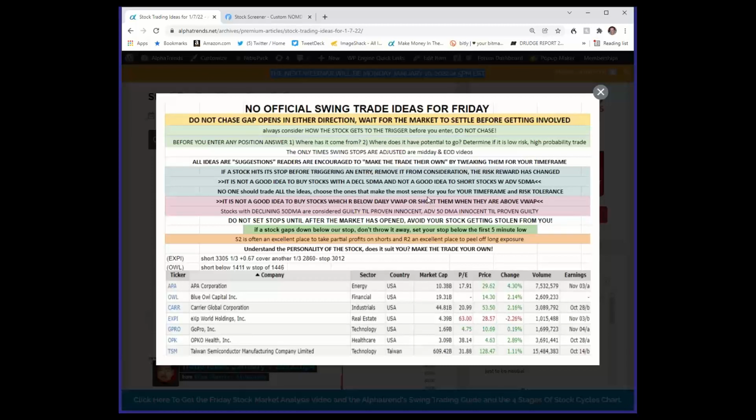No one should be trading all of these ideas. Adjust it to your time frame, your risk tolerance, your position sizing. Just because I don't have any official swing trade ideas, maybe you loved EXPI and you put your whole account into it. I can't control what you do with your money, I only make suggestions. I'm not a financial advisor.